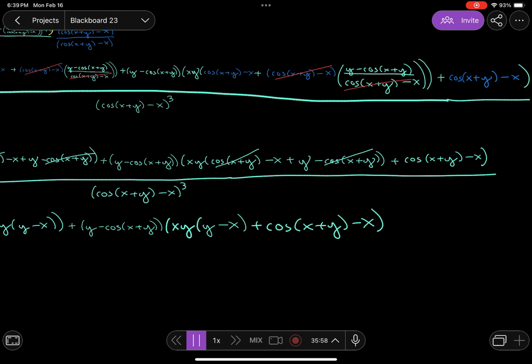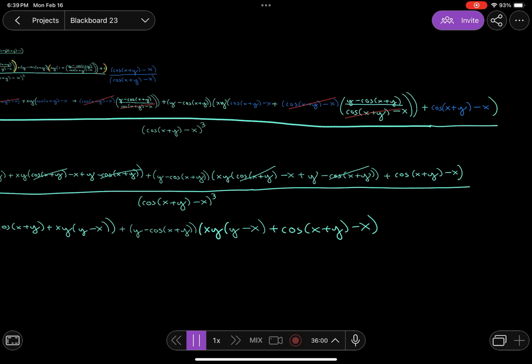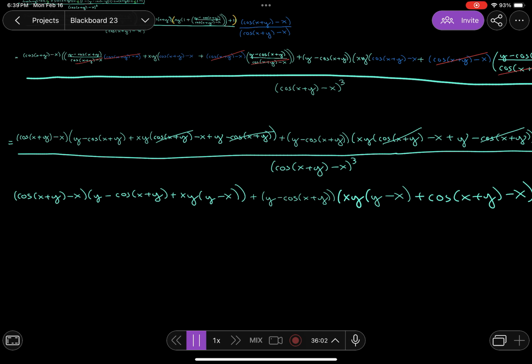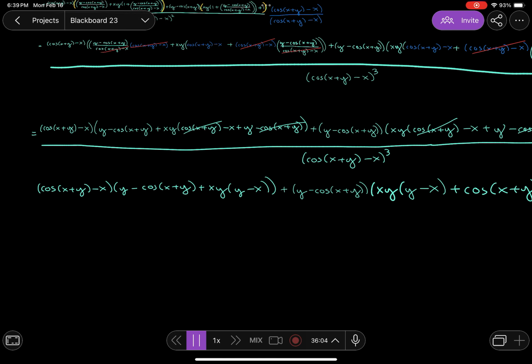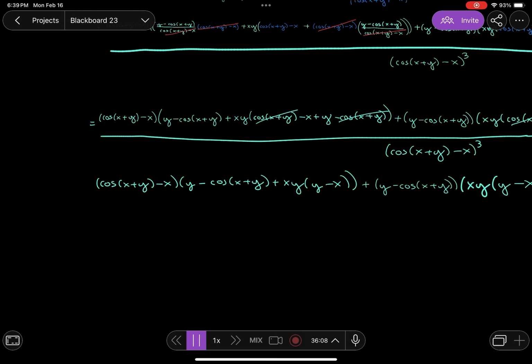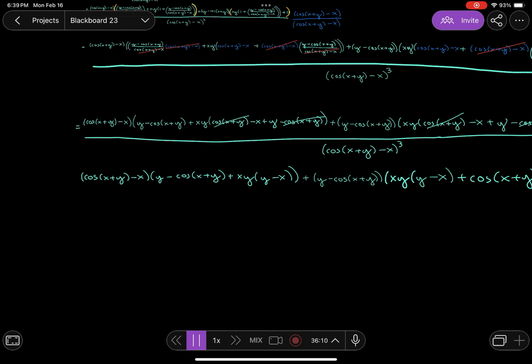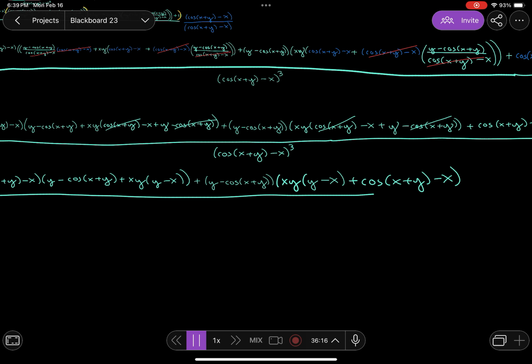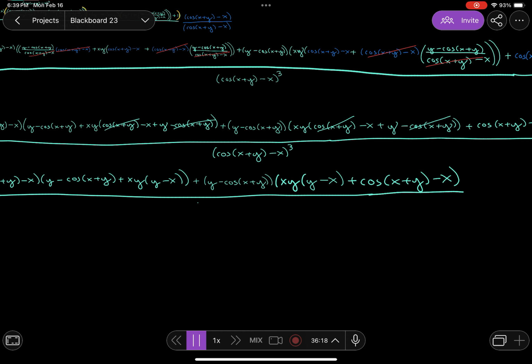Okay, it's sort of cleaning up, I guess. All divided by cosine of x plus y minus x cubed.